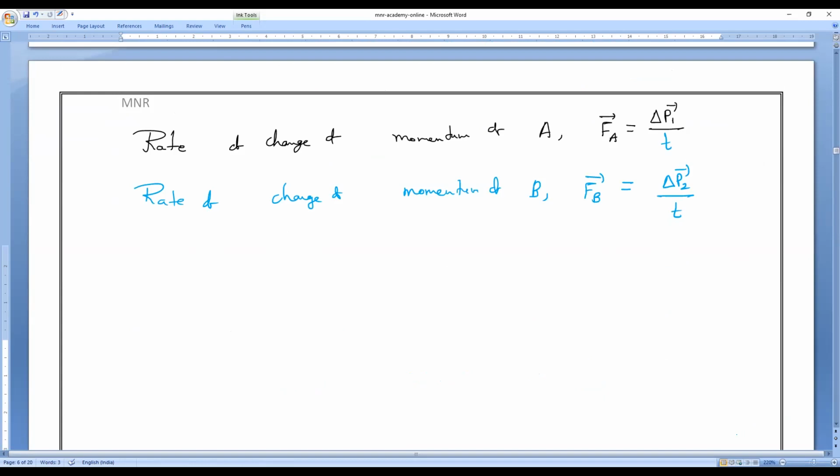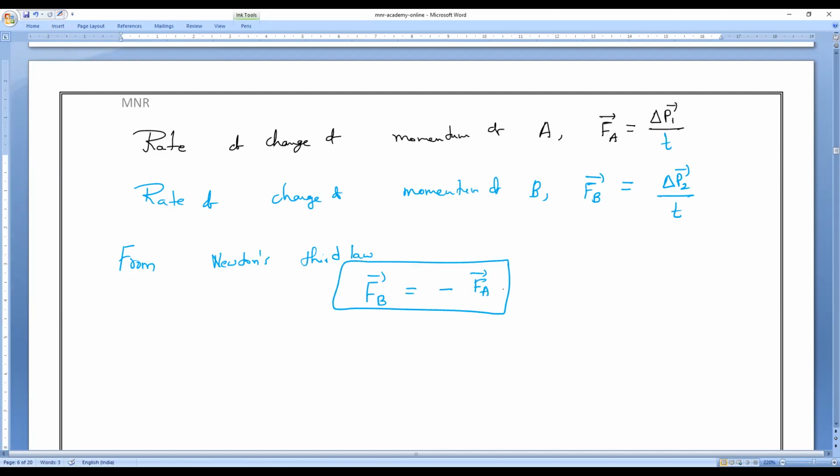So that's all. Now, from Newton's third law, what is Newton's third law? Every action has an equal and opposite reaction. I will say every action is equal to minus reaction. Will you agree with me? You can take the reverse also, your choice.